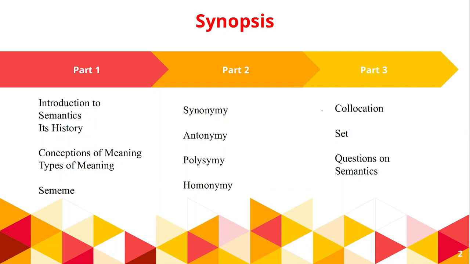In the second part, I have discussed synonymy, antonymy, polysemy and homonymy. The third part discusses collocation and set. And in the end, I have tried to discuss some questions on this topic also.